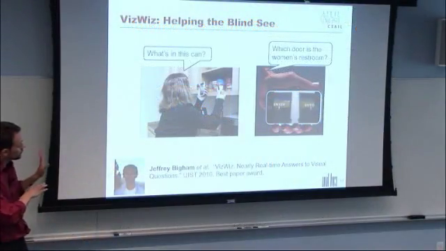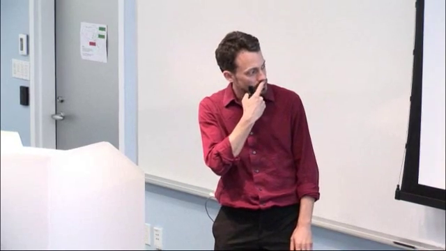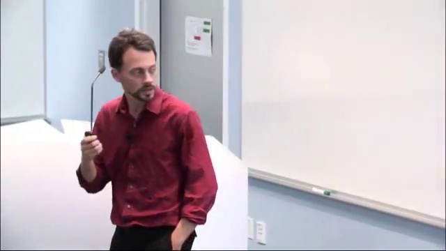Okay, so that was a word processing plugin that draws the crowd into your word processor and helps you with editing. This is a system that Jeff Bigham, who's been at University of Rochester and is going to Carnegie Mellon in the fall, developed while he was a visitor in my lab a few years ago. It's a smartphone app, iPhone and Android, that allows a blind person to take a picture of the world and speak a question about it.